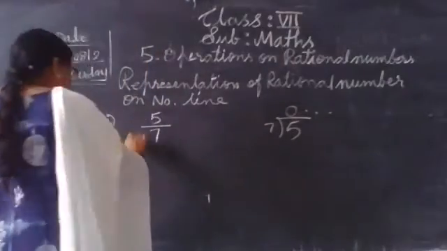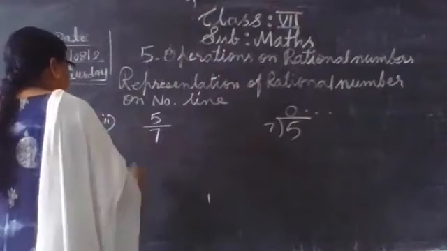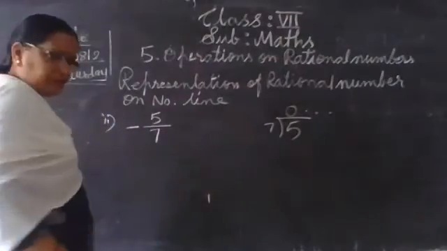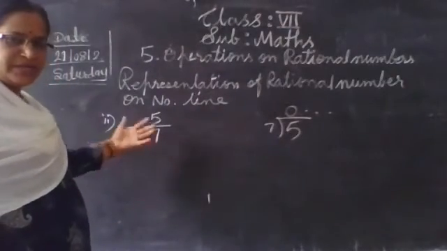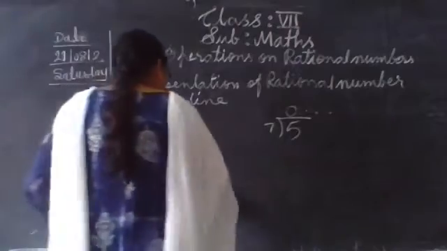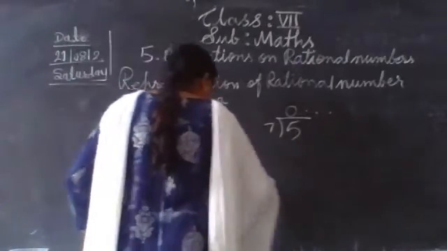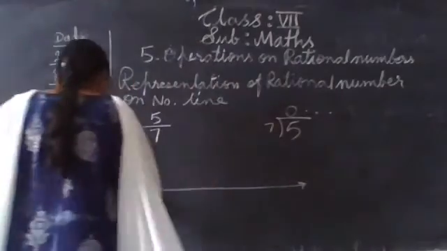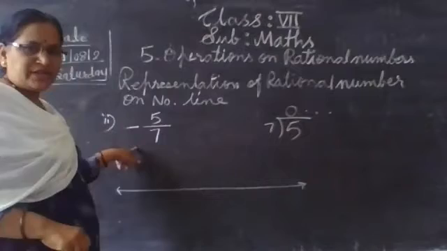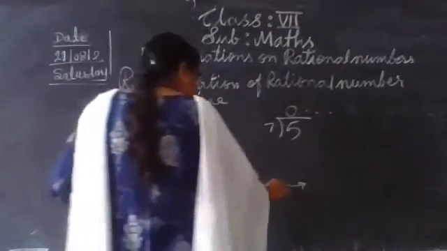So, okay, so that time we have taken -5/7. Okay, negative rational number. It is negative, so we need negative.